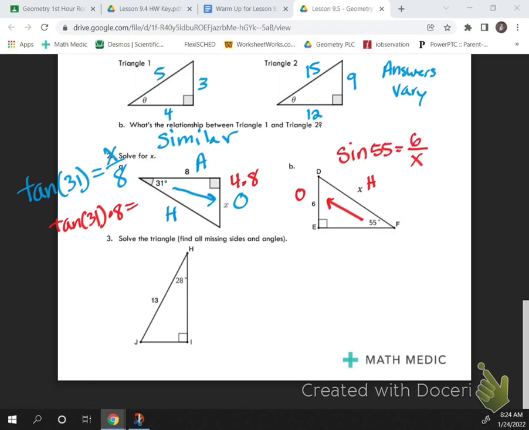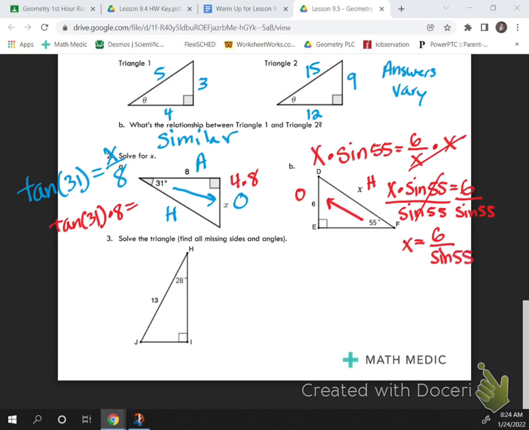When x is in the bottom of the fraction, what I would do is multiply both sides by x first. That would reduce those. Then I've got x times the sine of 55 equals 6. How do I get x alone? Divide by the sine of 55. So be careful. This one's set up a little bit different algebraically.